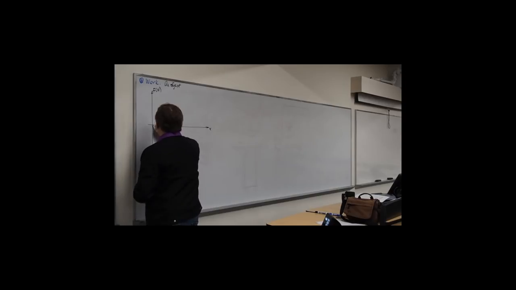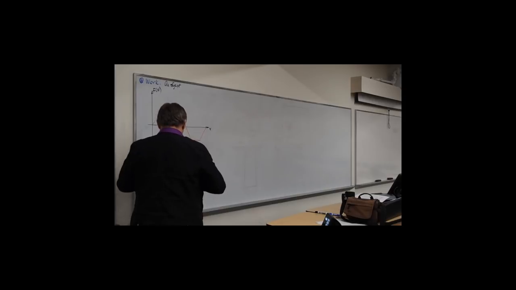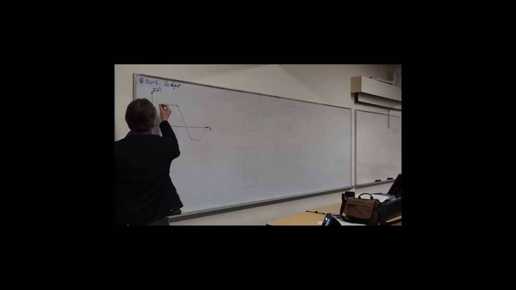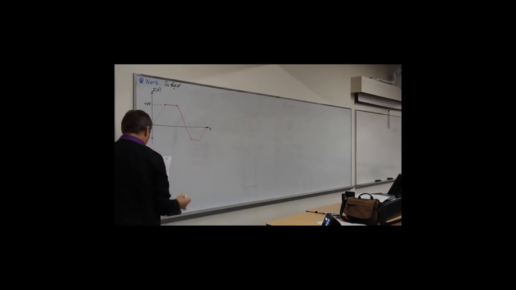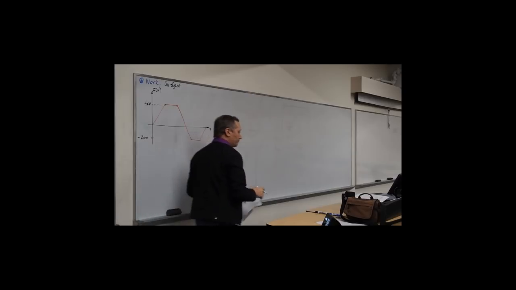So first it goes up, then it stays constant, then it goes down, stays constant, and then dies out. Now I will label points. First here it's 400 newtons. That plateau, this point is, I think, negative 200.